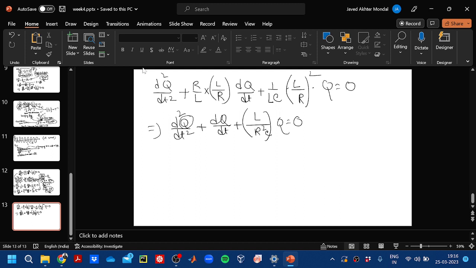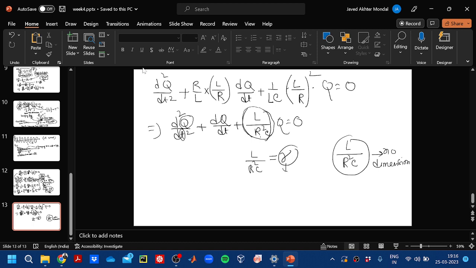So now if we look carefully, this q is a dimensionless quantity, this t is a dimensionless quantity, and if we look at this L by r square c, this also has no dimension. So this is purely a number. So we can denote this L by r square c with a number, suppose gamma.